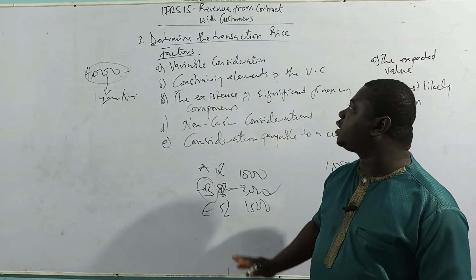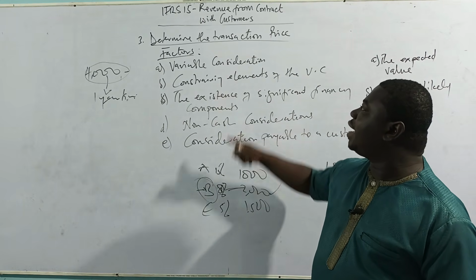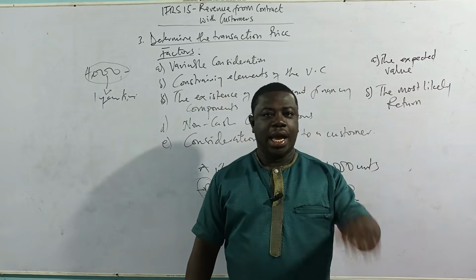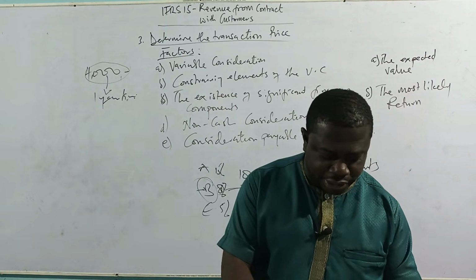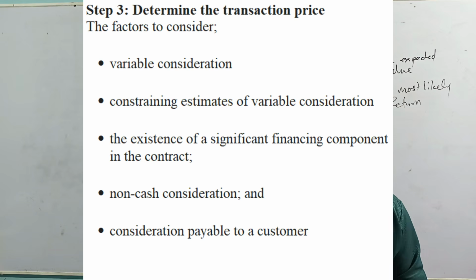So these are 5 factors to consider in determining the transaction price. I'm going to solve a question, but before that, I'm putting this on your screen for you to look at again. Factors to consider in fixing the transaction price: 1. The variable consideration.